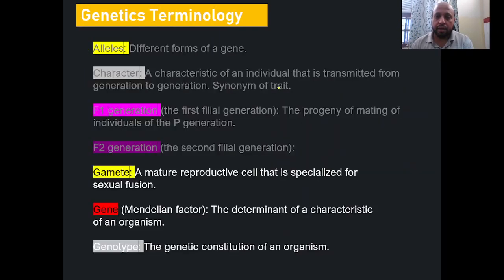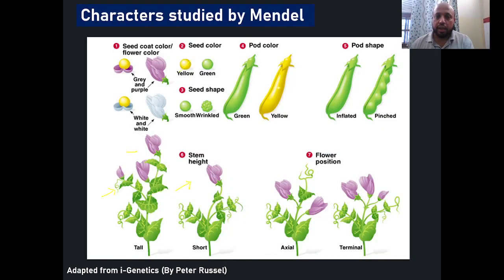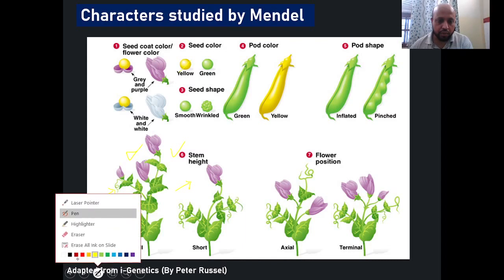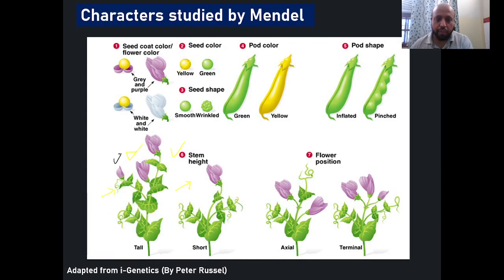Now, coming back, these are the 7 characters studied by Mendel. Let's take the example of plant height. We define the genotype of these two plants, and phenotypically they look like this, tall and short.